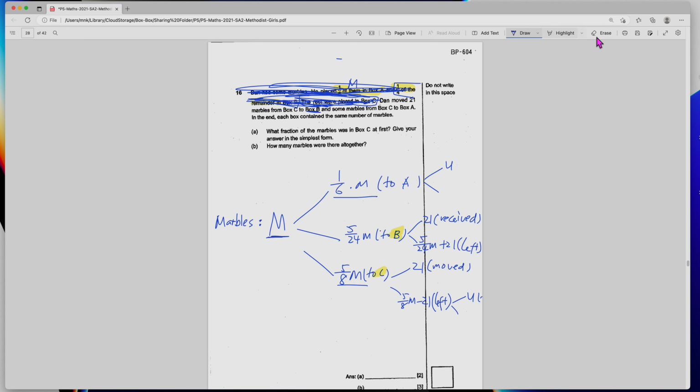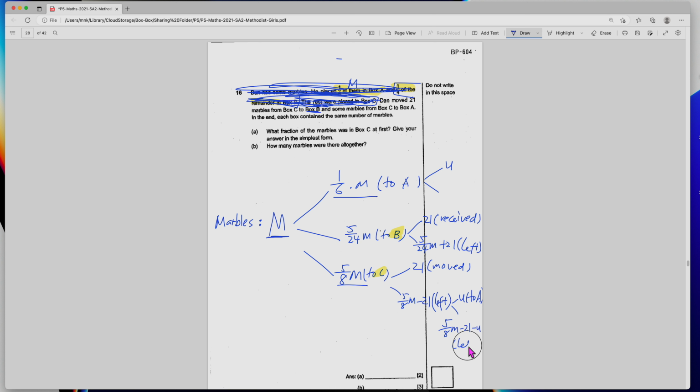So basically, like I said, you need to plan your space. I didn't plan my space properly. So this is U. This one is 2A, right? So if you give U to A, how much is left? 5 over 8M minus 21 minus U, right?